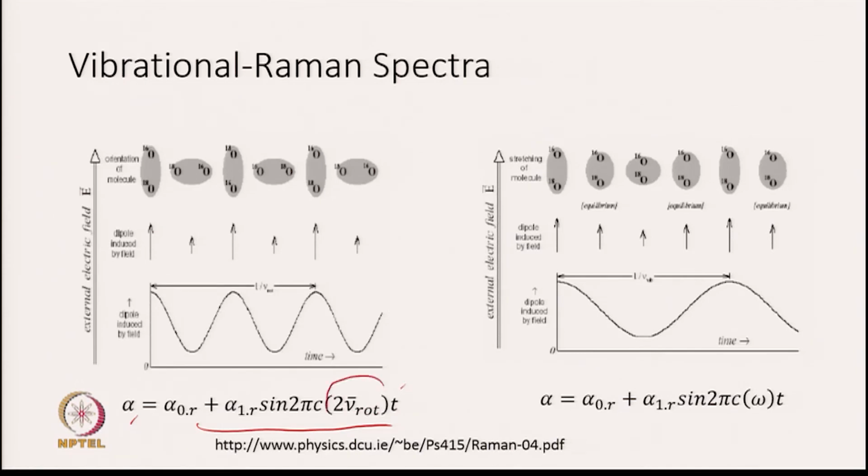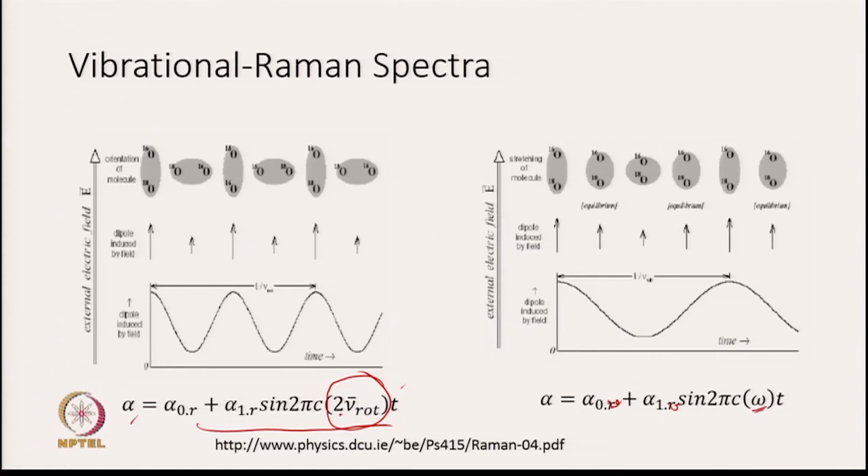So, this term is significant. If you go for vibration, you will get alpha equal to alpha 0 v plus alpha 1 v sin 2 pi c omega t, where omega is again a wave number, but this is the wave number of vibration and this is the wave number of rotation.